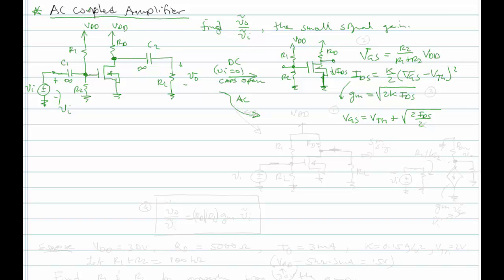The AC circuit will look like this. We'll have our amplifier. I'll leave everything in here first, and then we'll do the small signal afterwards.